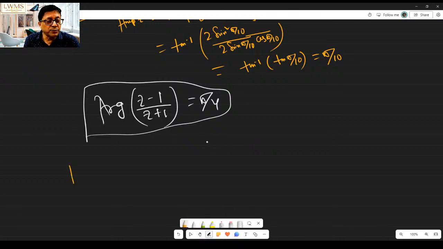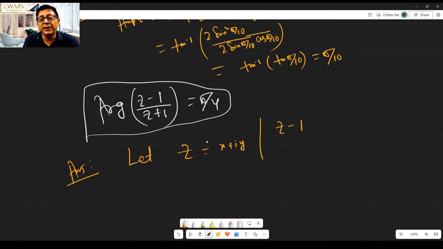To answer this kind of question, you start in this manner. Let z equal to x plus iy, and then simplify it.